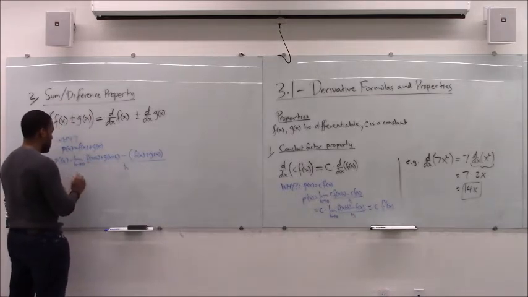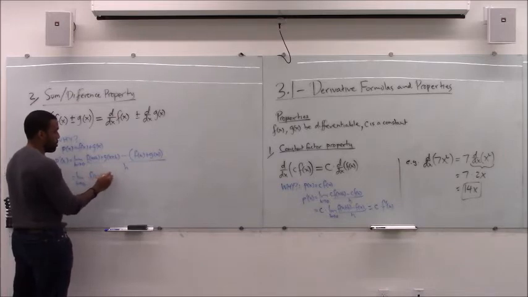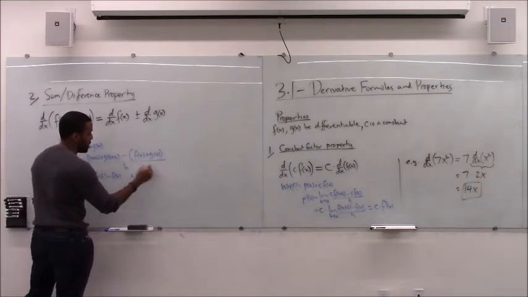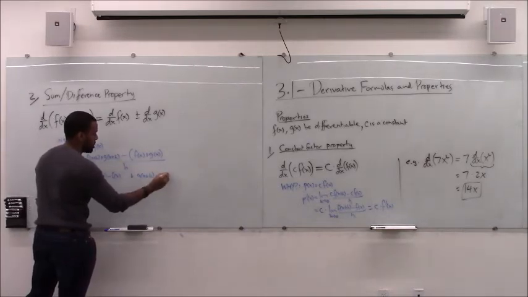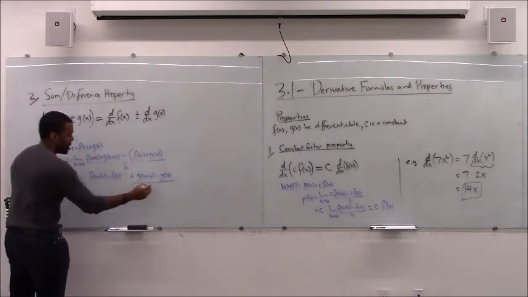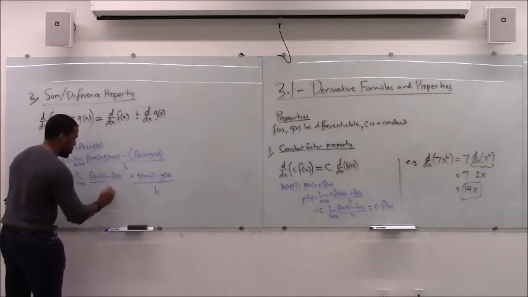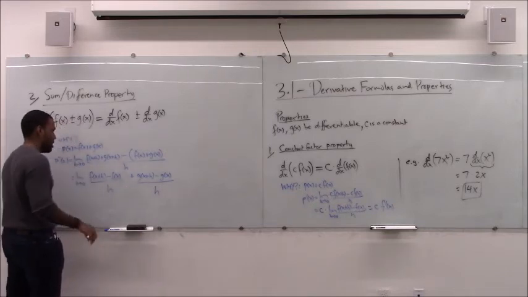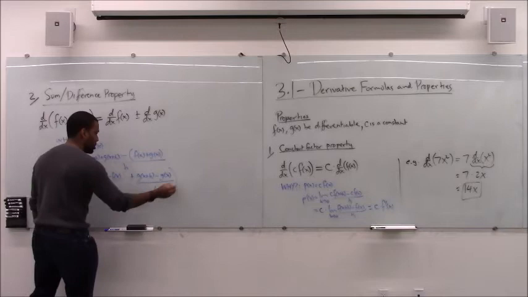I can then group the f's, f of x plus h minus f of x. Then I group the g's, g of x plus h minus g of x, when I expand the parentheses. And it's all over h, so I can actually split it across the denominator. We can split up two fractions across the denominator. And that's what that's going to look like.